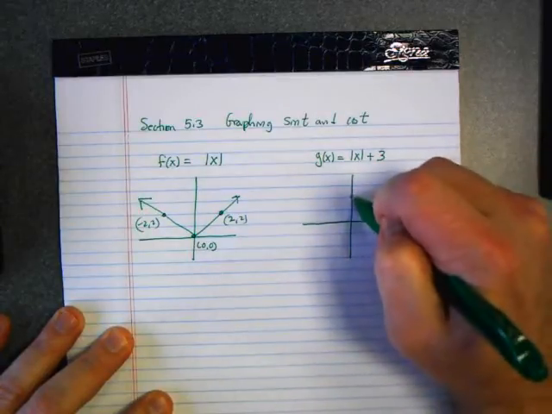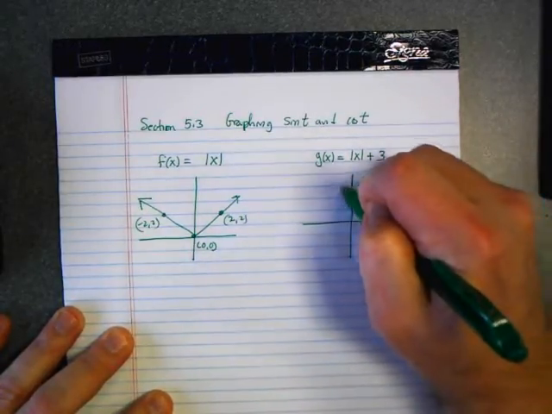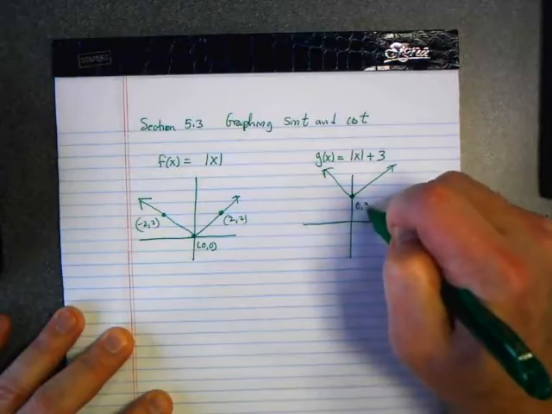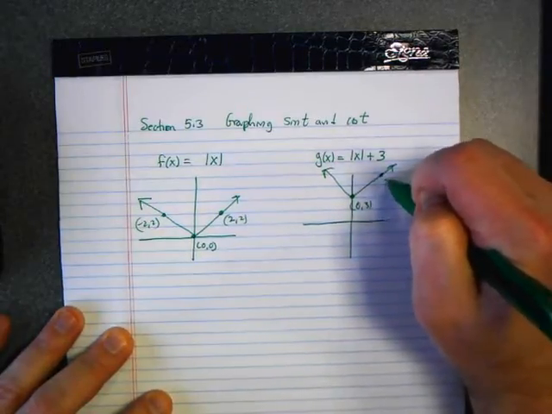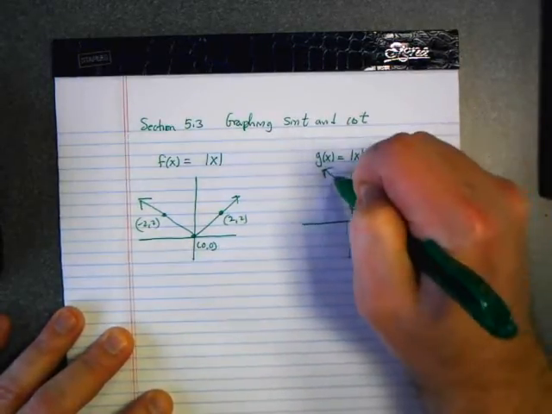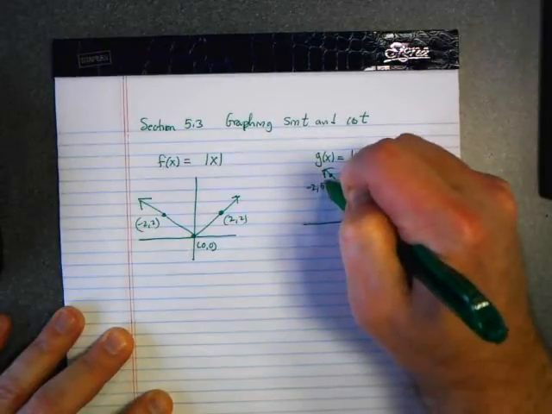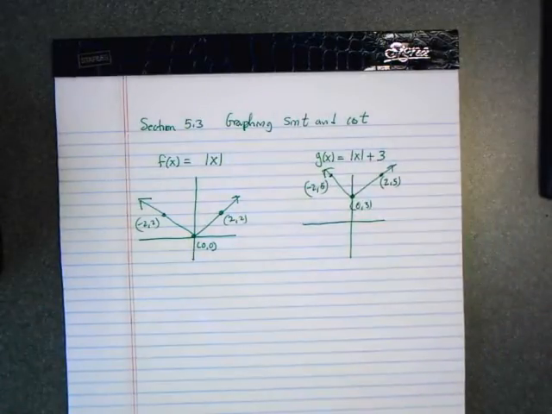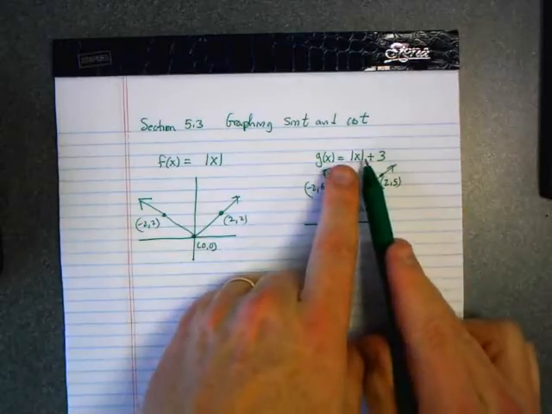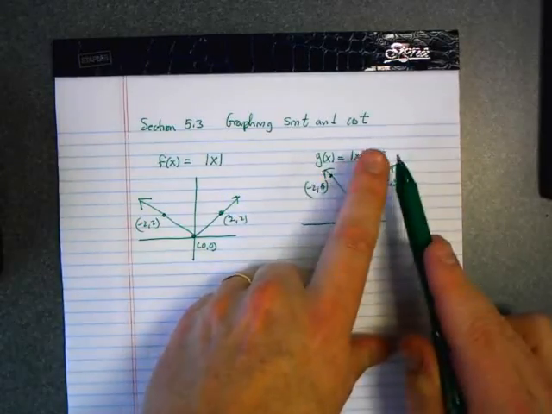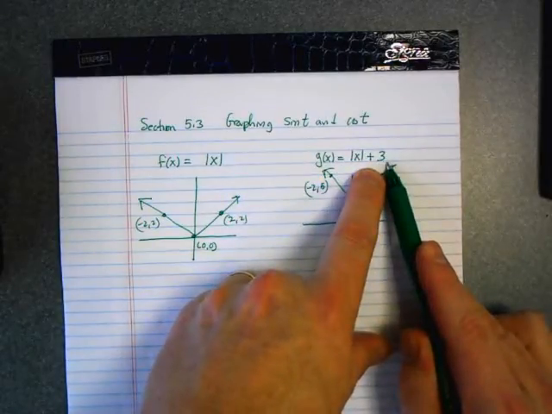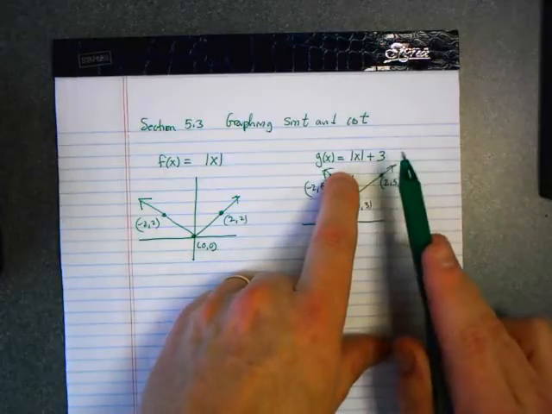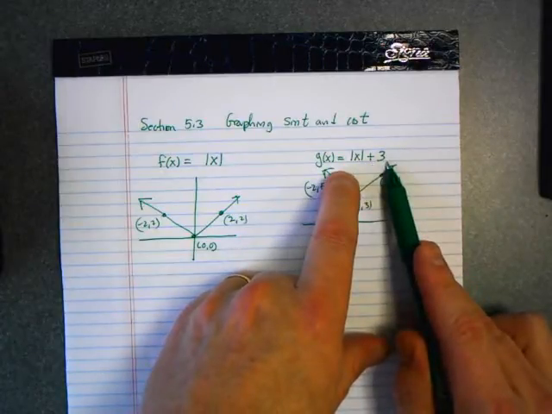So it would now go through the point 0, 3, and this would be 2, 5, and negative 2, 5. So when I put a number outside of the parentheses here, it moves it up or down. Positive is up, and negative would be down.